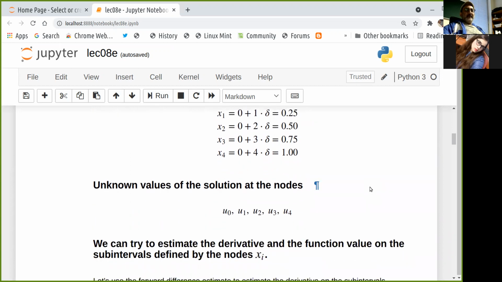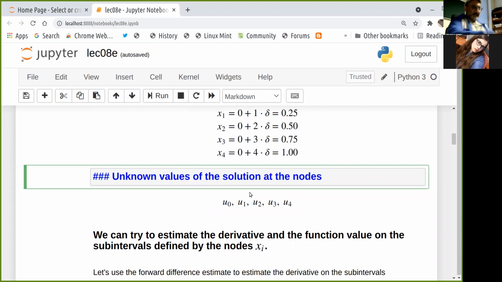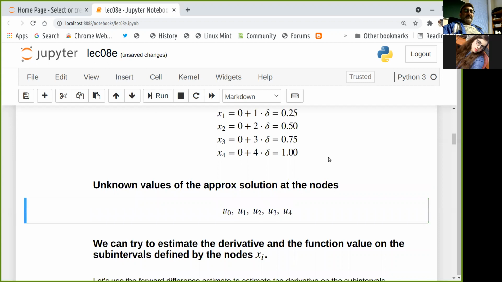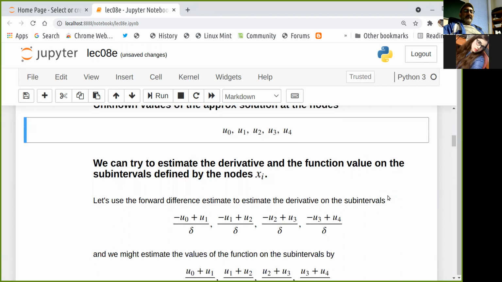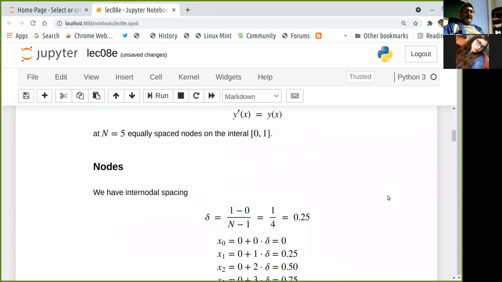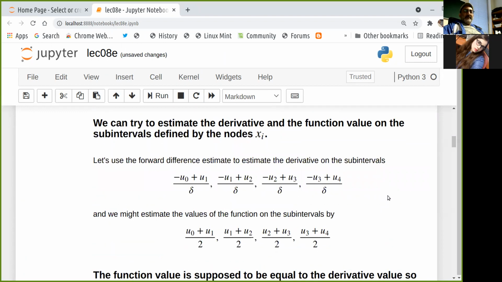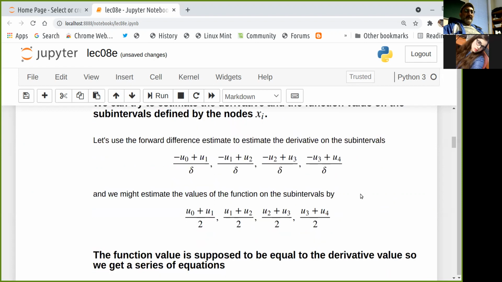And we're going to call the unknown values of the approximate solution at the nodes u0, u1 up to un minus 1. Okay, so if we said that y prime is equal to y, then the approximations for y prime on the subintervals between two adjacent nodes look like minus u0 plus u1 over delta, minus u1 plus u2 over delta, and so on.